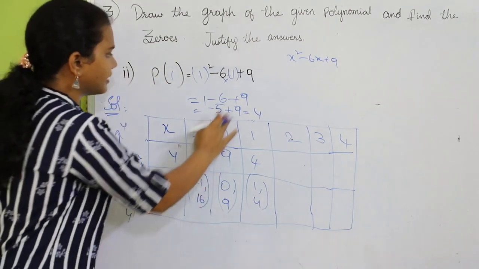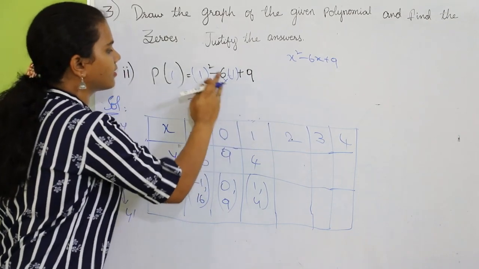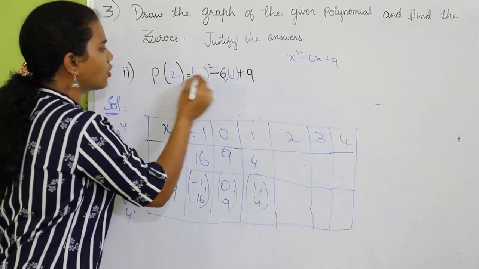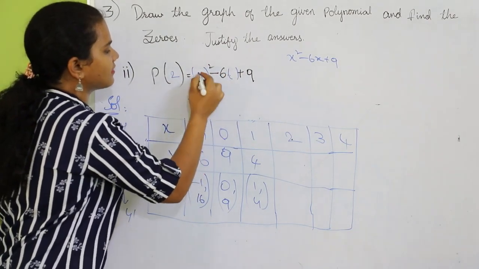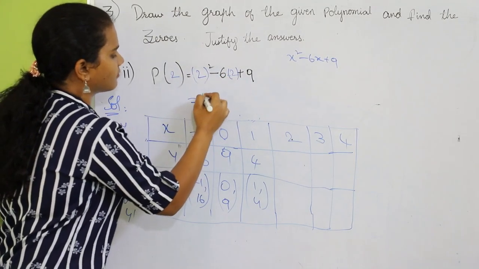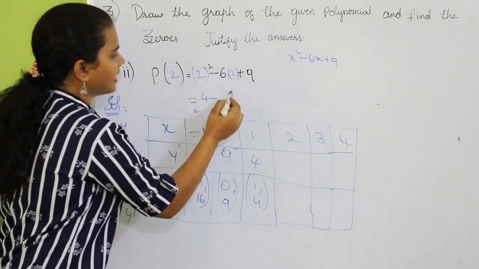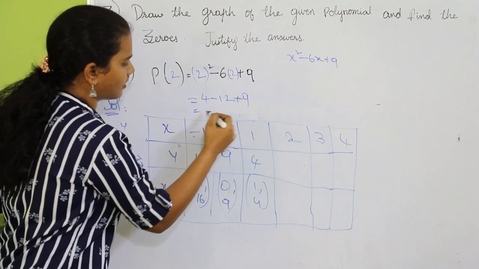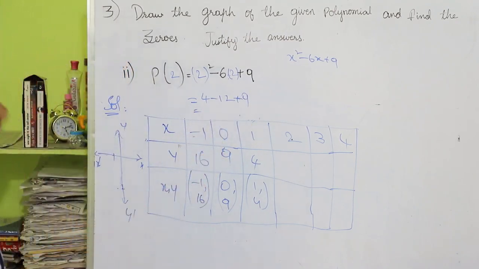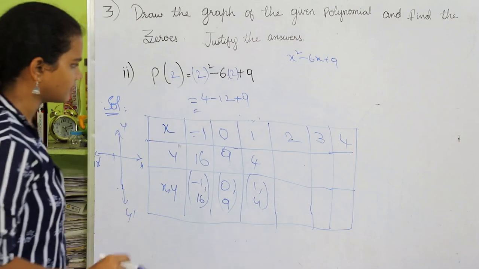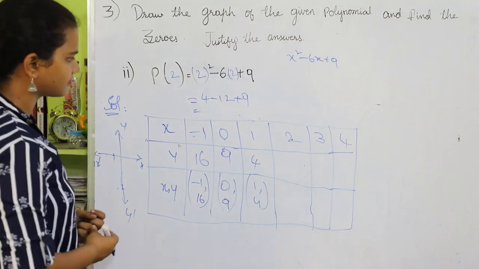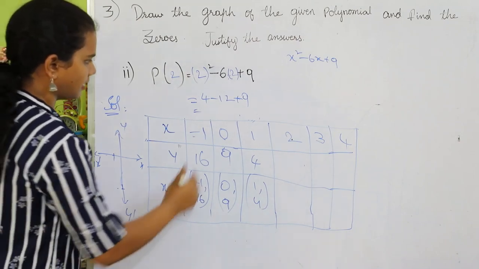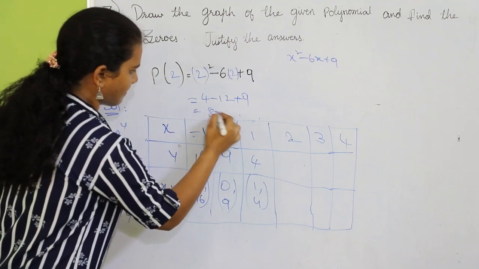Clear? Are you getting it? Very good. Now if p of x equals 2, 2 square is 4, minus 6 times 2 is 12, plus 9. 4 minus 12, sorry, minus 8 plus 9.